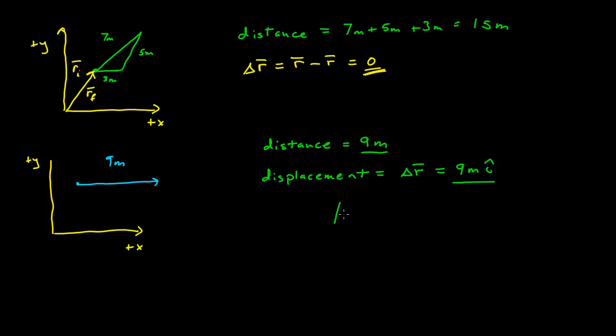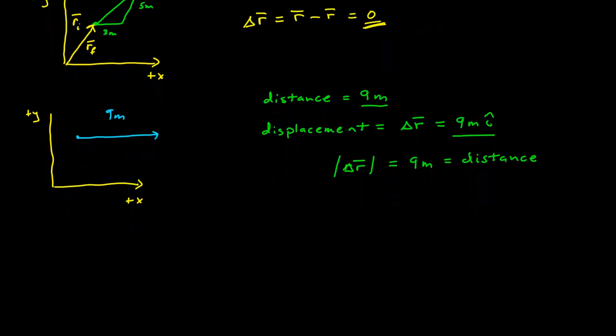So while the magnitude of the displacement is equal to 9 meters, which is equal to the distance, the displacement itself is a vector. That leads us to an important point: the magnitude of the displacement is always equal to or less than the distance for a particle that moves between 2 points in a certain period of time.